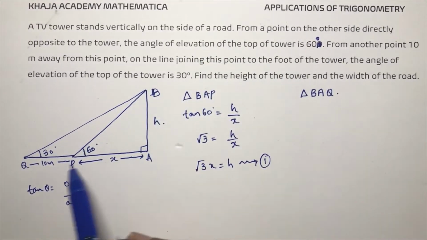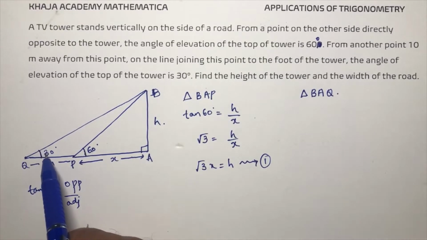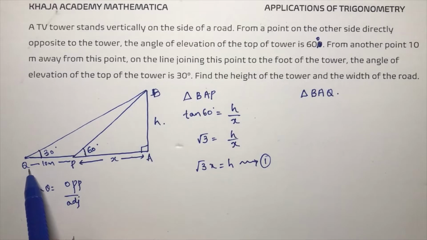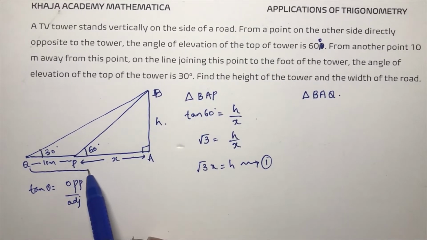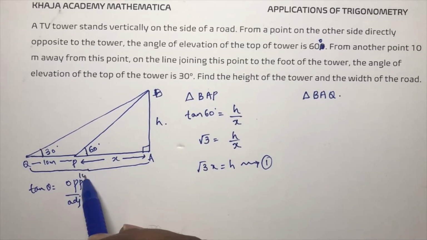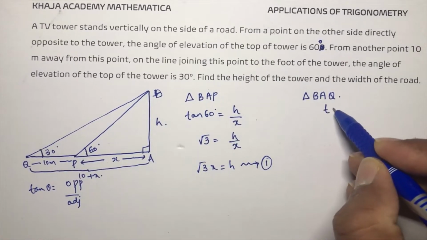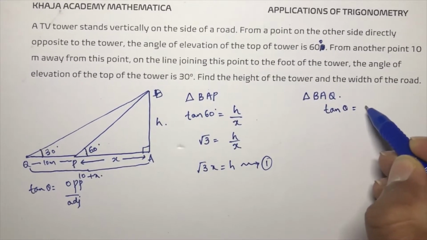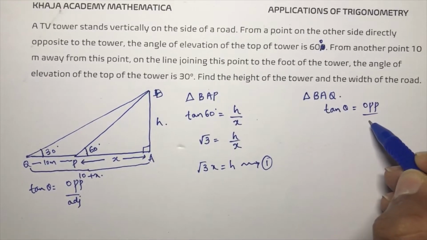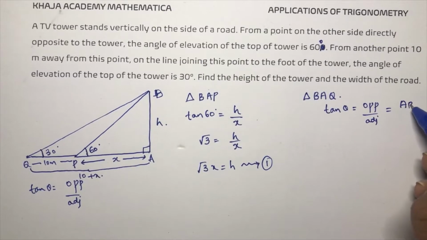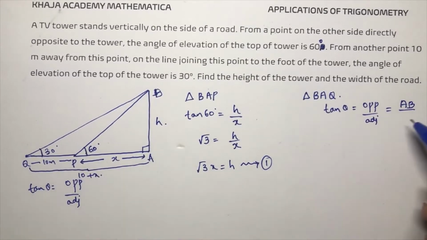In BAQ, the angle theta is 30 degrees. Opposite is h, and adjacent will become total, so you'll get 10 plus x. So you write tan theta is opposite by adjacent. Opposite is AB, adjacent is AQ.